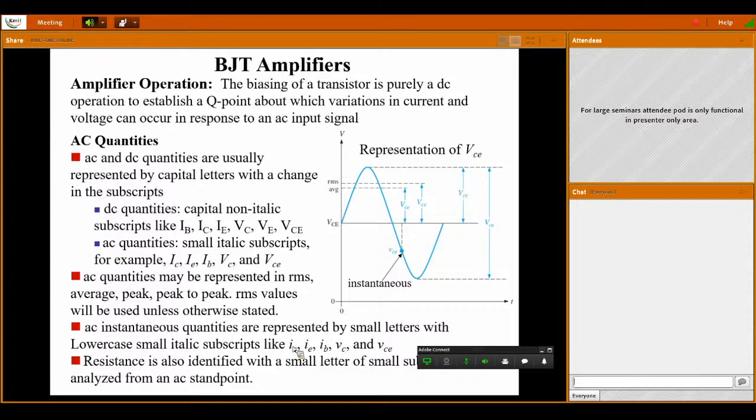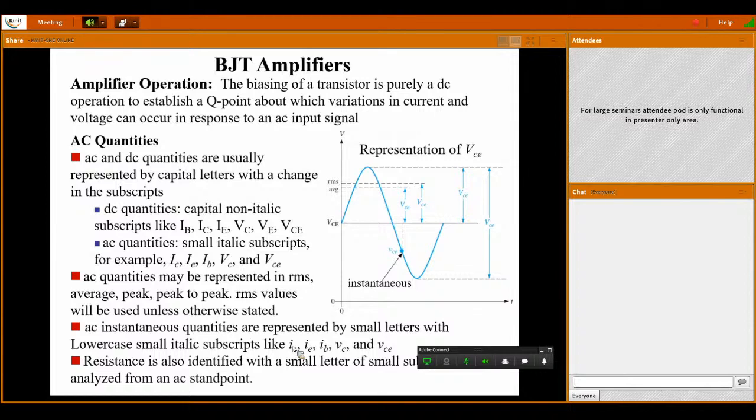Your DC stable voltages and stable currents are represented with I and V. As we have three terminals, we have three currents and three voltages. DC quantities are represented with non-italic letters, and the subscripts are capital letters.